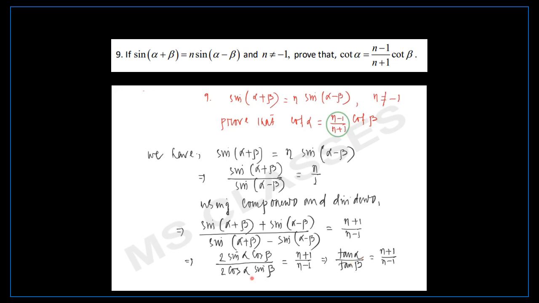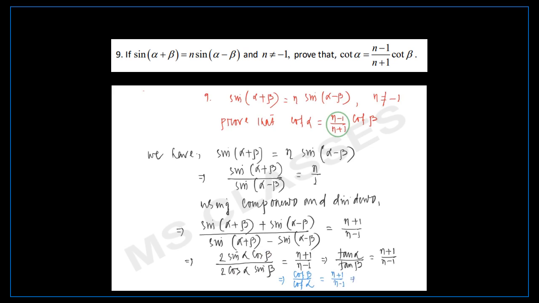You can, after this step only, write cot beta by cot alpha. Why cot beta? Cos by sine is cot. Equal to what? N plus 1 by n minus 1.